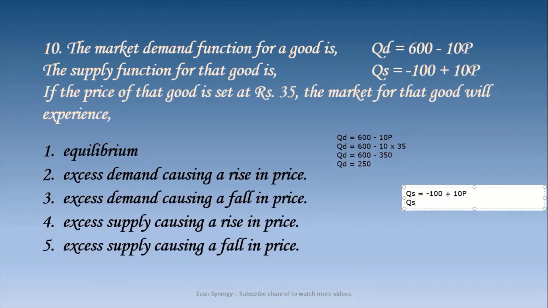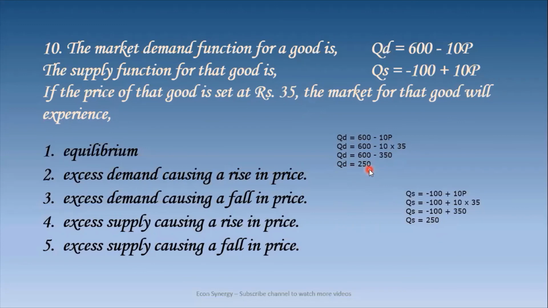Then QS equals minus 100 plus 10 into 35. Then QS equals minus 100 plus 350. Then it is QS equals 250. Then see, in both situations, at 35 rupees, quantity demand equals quantity supplied.